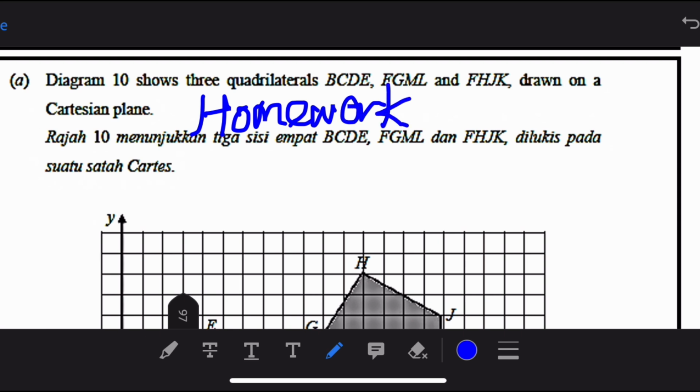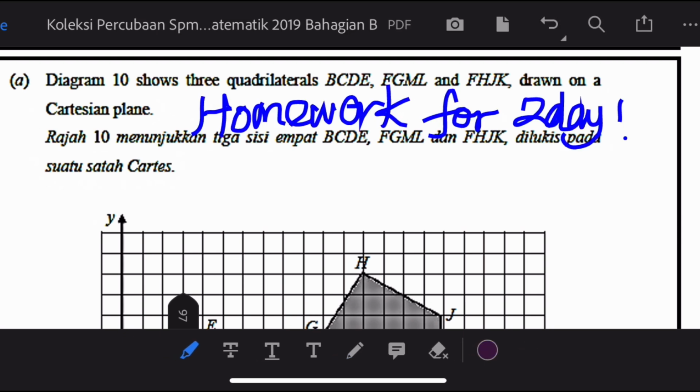Diagram 10 shows 3 quadrilaterals BCDE, FGML, and FHJK drawn on a Cartesian plane. Alright, so I will show you the Cartesian plane with quadrilaterals BCDE, FGML, and FHJK.